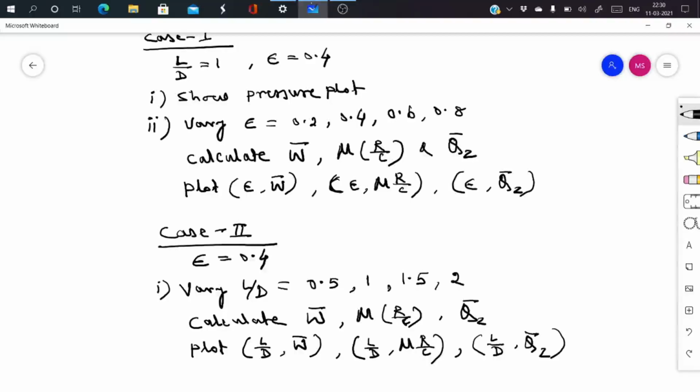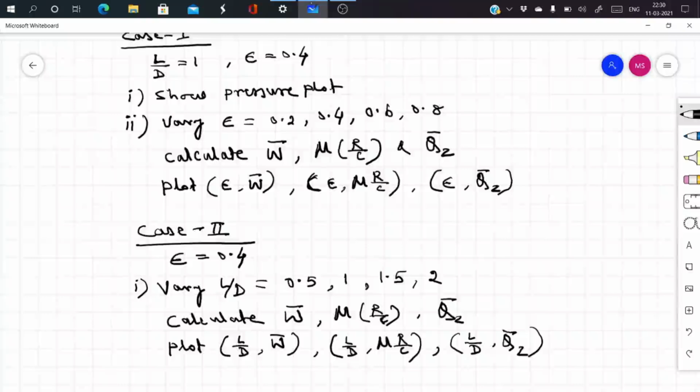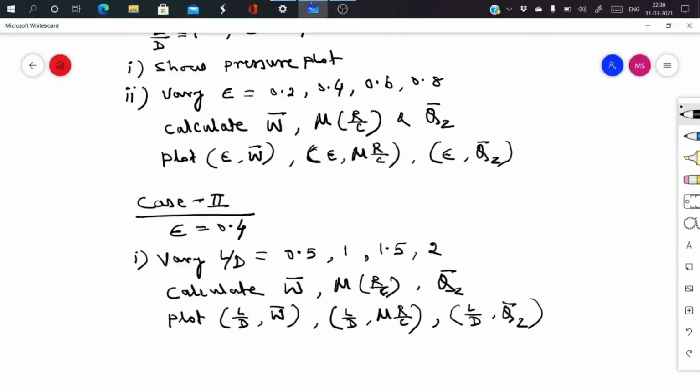So again these three 2D plots you will get, that you show. Your whole program code as well as all these plots you put in a Word file and submit in Moodle. So you will get enough time.